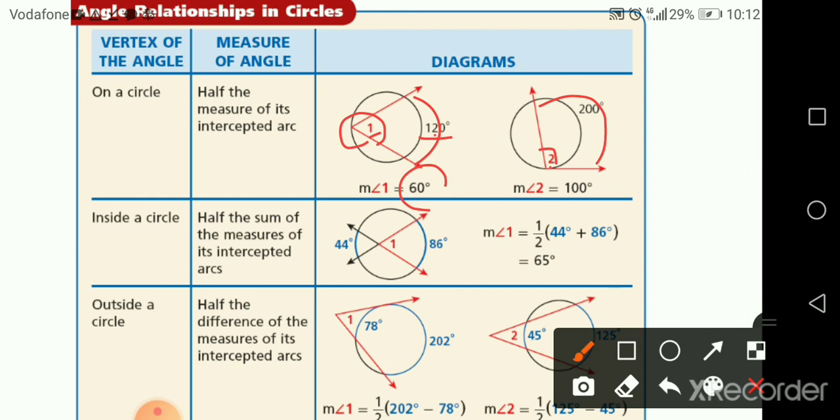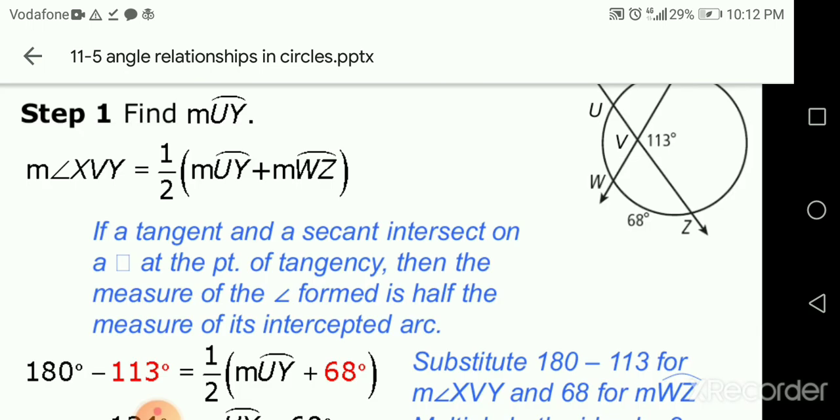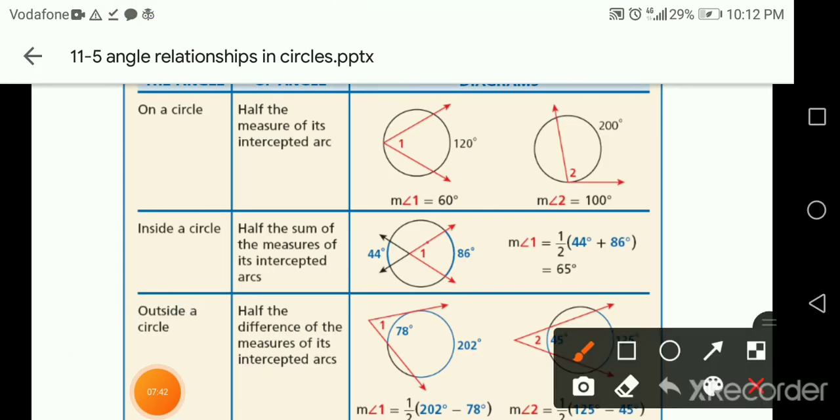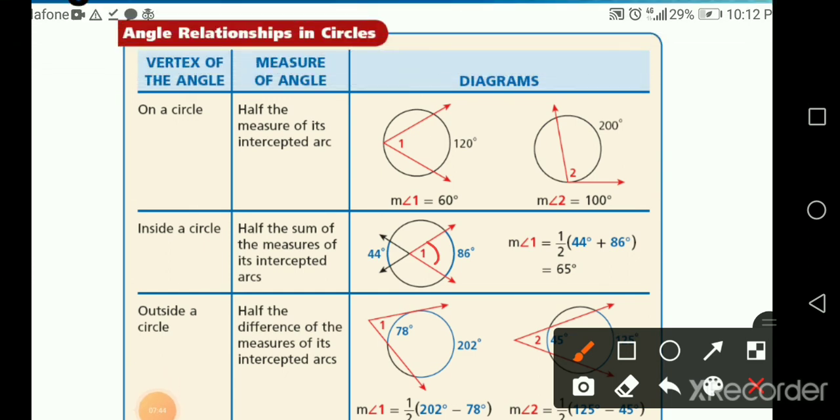What about if I have the vertex of the angle inside the circle? So in this one, the measure of angle 1 is half the sum of the two intercepted arcs, 86 plus 44.